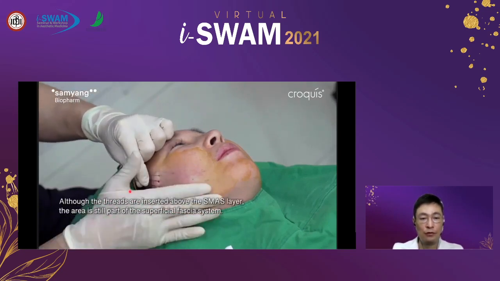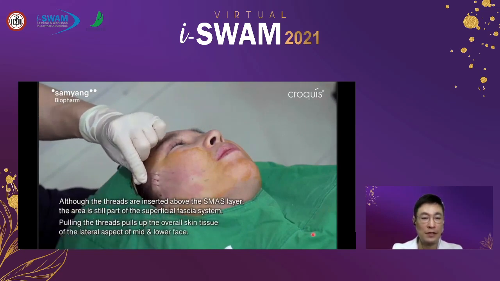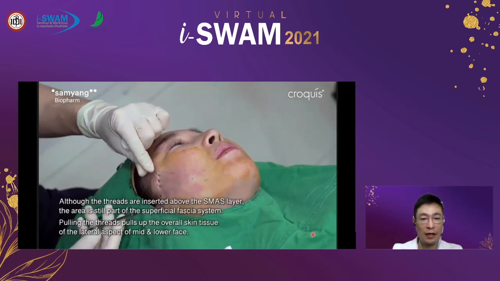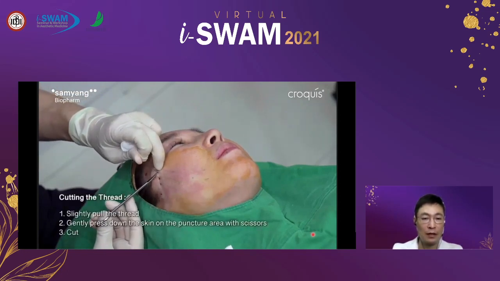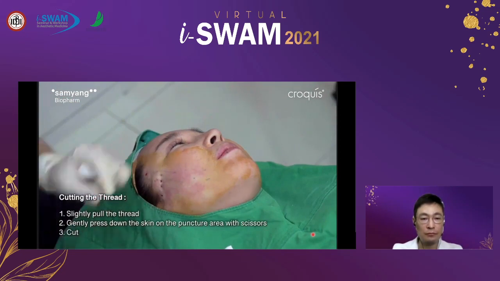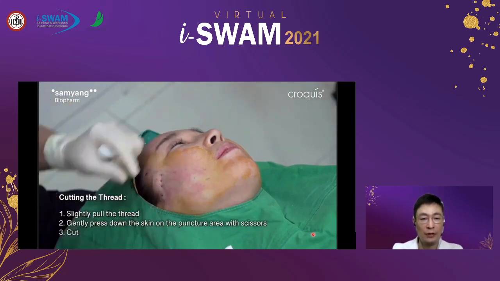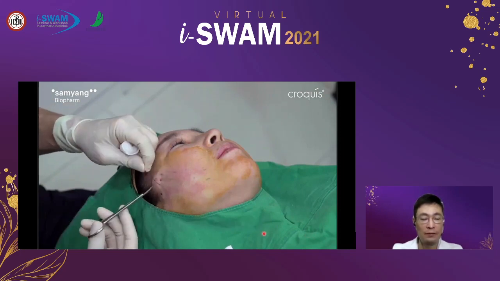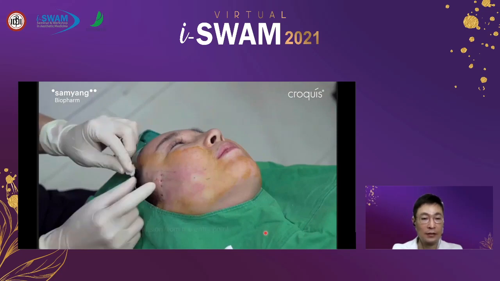And it's better to use a shorter one than usual, around 60 millimeter length, and a little thinner, 20 or 30 PDO thread. I sometimes use only 3, but usually I put more than 5 or sometimes 10 PDO threads per side.